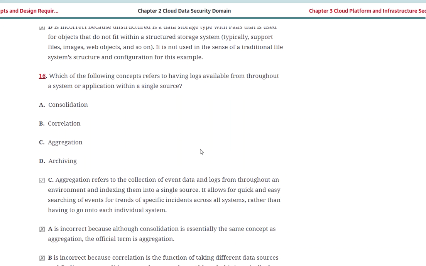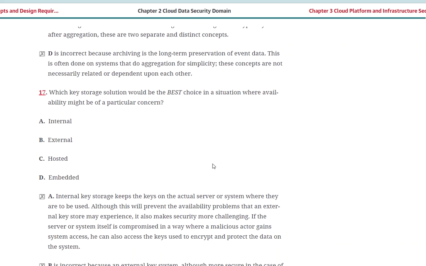Question 16. Which of the following concepts refers to having logs available from throughout a system or application within a single source? And the correct answer is aggregation. Question 17. Which key storage solution would be the best choice in situations where availability might be of a particular concern?